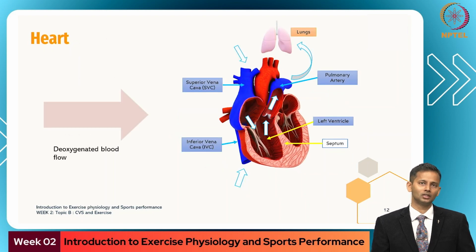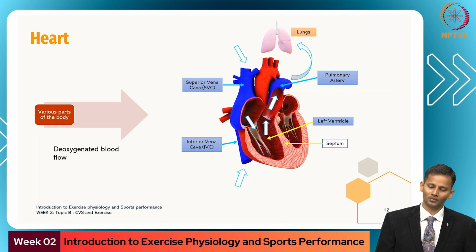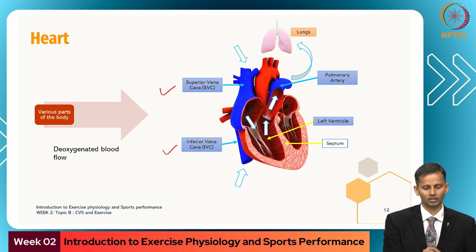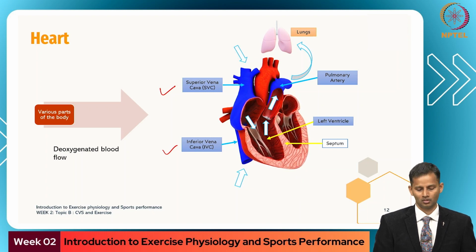Moving further, how does the blood flow? Let's focus on the deoxygenated blood. If you see here, from the various parts of the body, the blood enters through two major veins. They are the superior vena cava and the inferior vena cava.